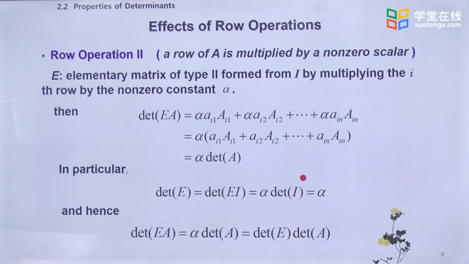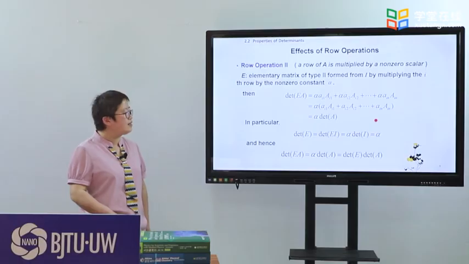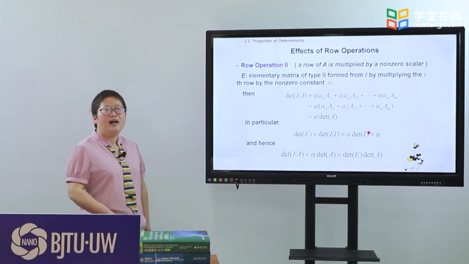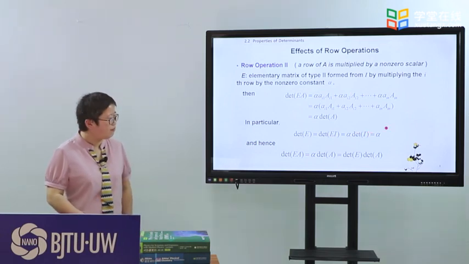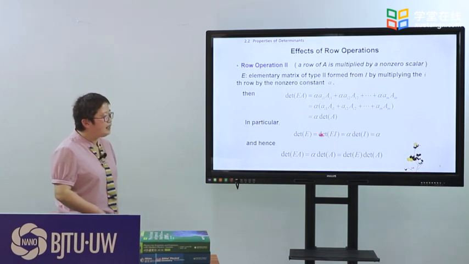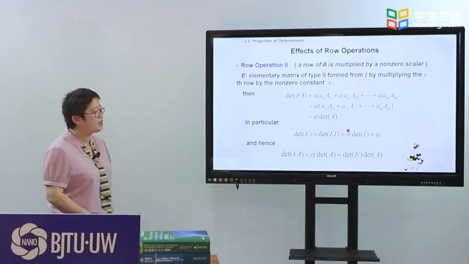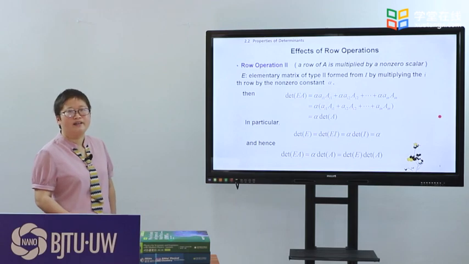Also a special case of a triangular matrix. So its determinant just equals the product of diagonal entries, which equals 1. So we know the determinant of E for the type 2 elementary matrix just equals alpha.